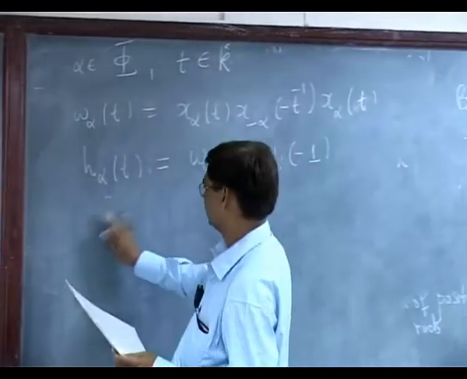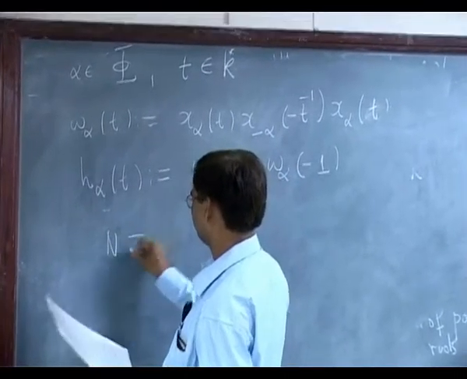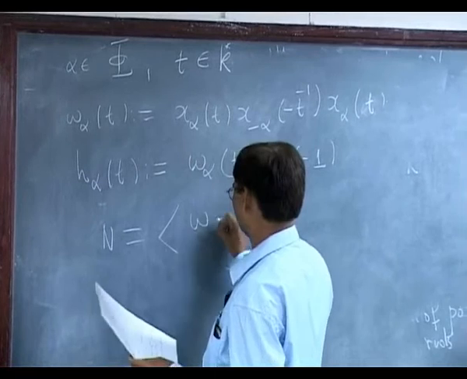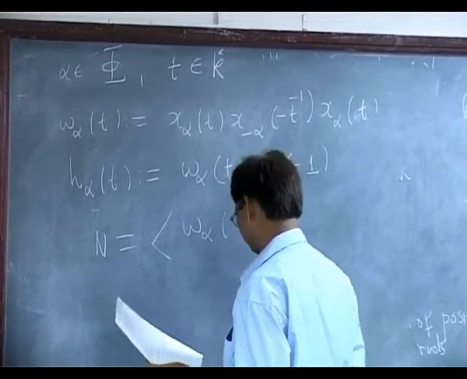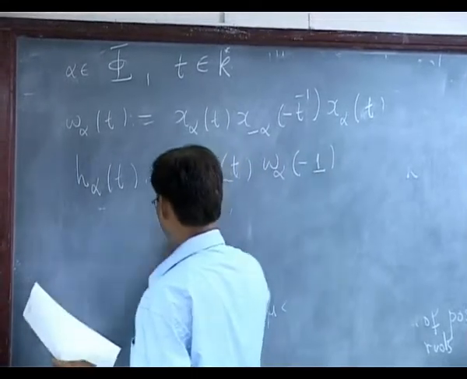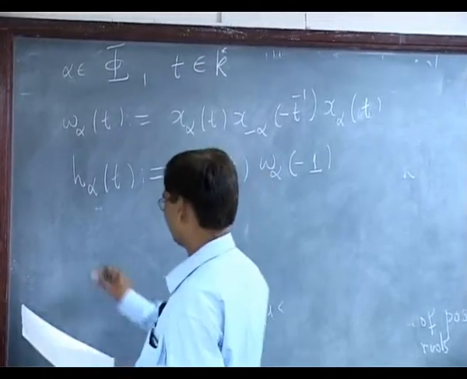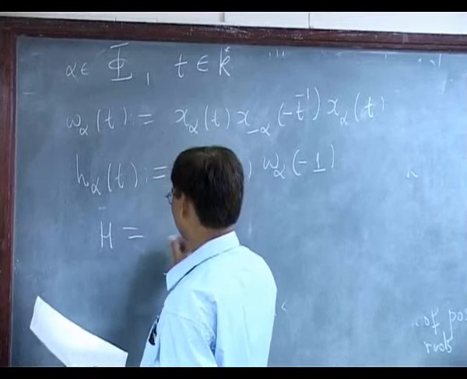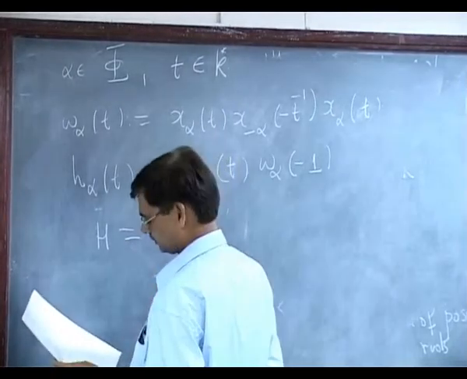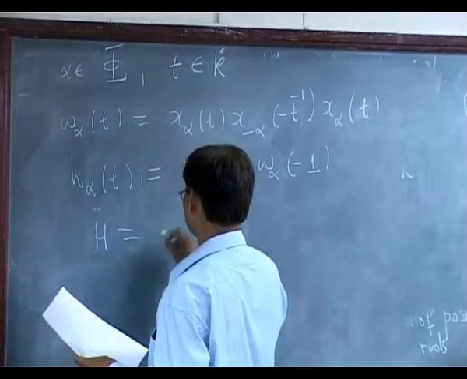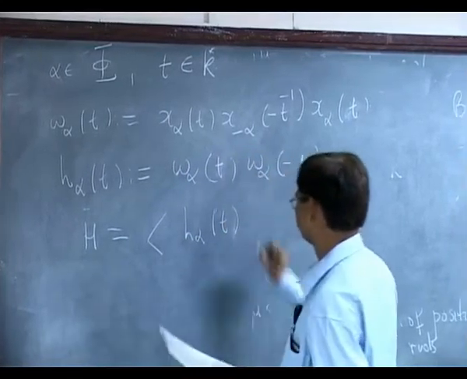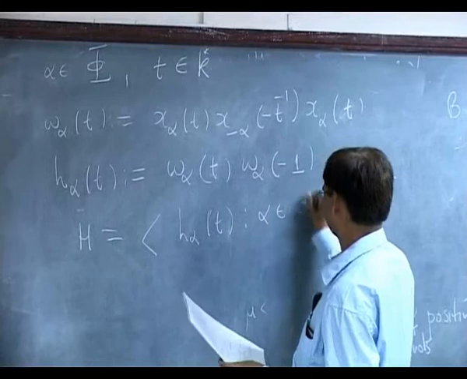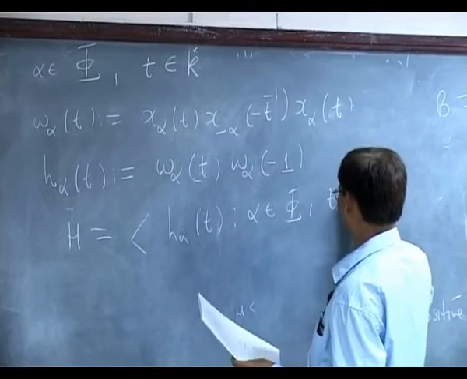Okay, N is the subgroup generated by W_alpha(t). Maybe I should not define this first. So, you call H the subgroup generated by all H_alpha(t), where alpha is in phi and t is in K star.